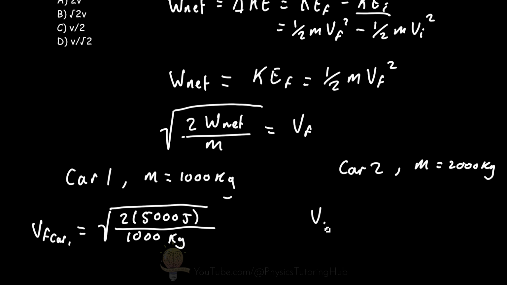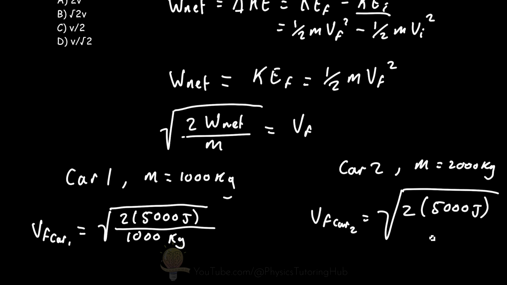Second car, the velocity of the second car is equal to the square root of 2 times 5,000 joules, the work done, divided now by 2,000 kilograms, which is twice the mass of the first car.